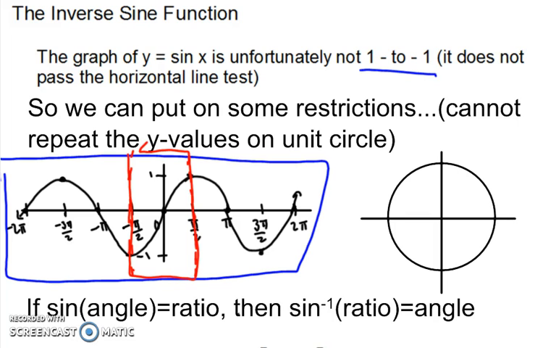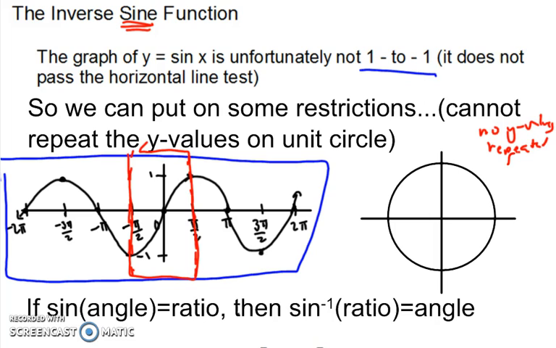Let's think about this from the unit circle's perspective. We don't want any y values to repeat, so that it'll pass the horizontal line test for sine. We're talking about sine, so I'm looking at the y values. I don't want any of the y values to repeat.